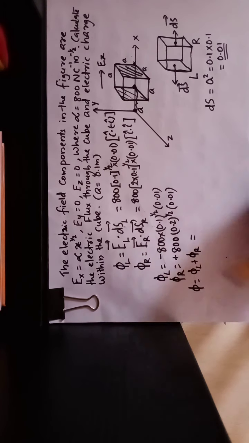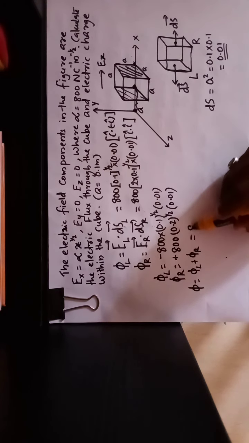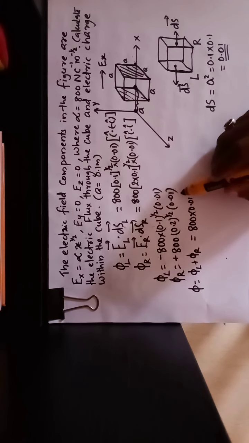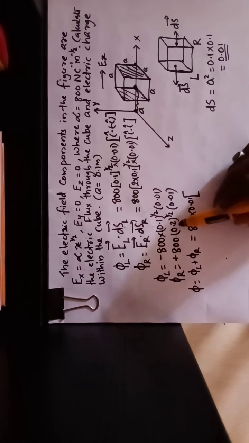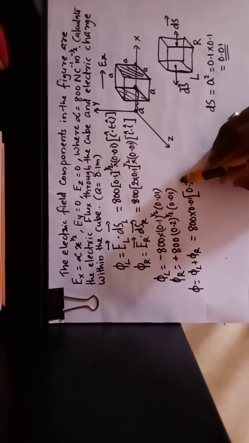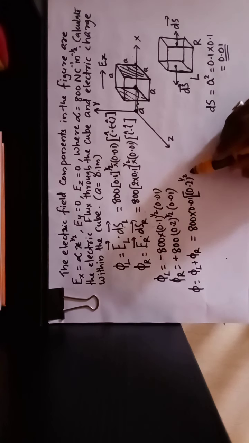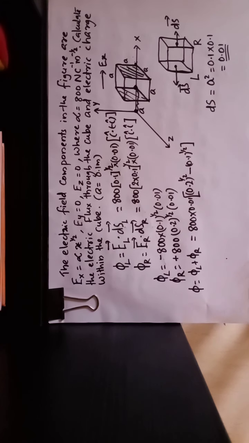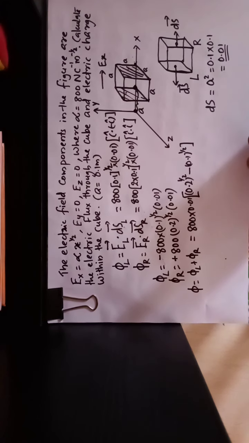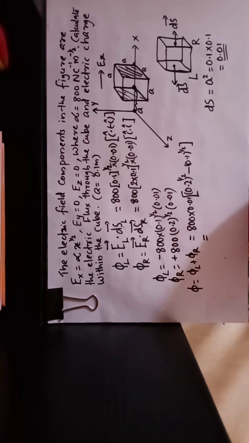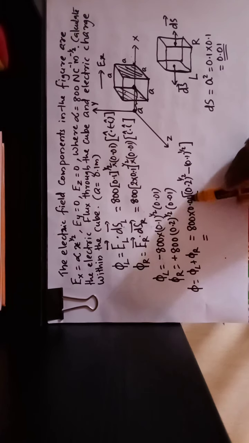So when we add these two, there are many common terms. Which are the common terms? 800 is common. 0.01 is common. So inside bracket we will have 0.2 raised to 1 by 2, here we have minus 0.1 raised to 1 by 2. Okay, so when you evaluate this, you will get the answer. 800 into 0.01 will be 8.